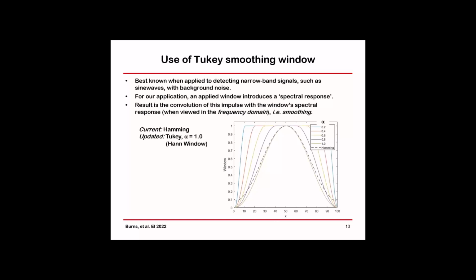And often there's a concern about the optimal window, for example, spectral leakage, which is essentially a broadening of the spectrum of the signal that you'd like to detect. However, for our application, an applied window like this really simply introduces a smoothing effect.